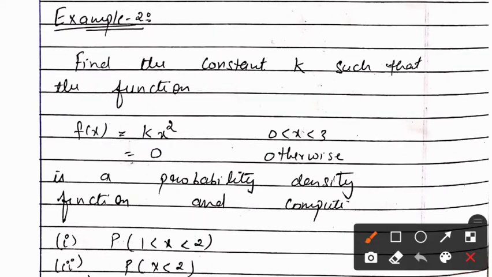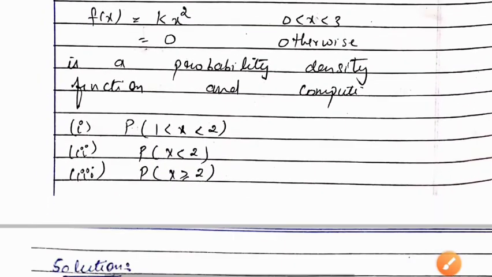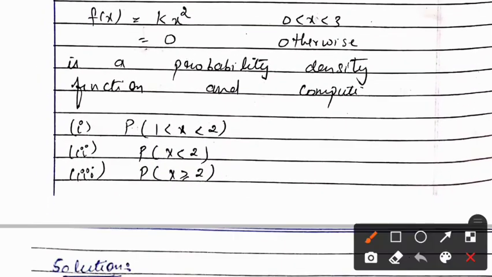Example 2. Find the constant k such that the function f(x) equal to kx square, we are given here kx square for the limit 0 to 3, and beyond this limit the value of f(x) is 0, is a probability density function, and compute these three values: P(1 < x < 2), P(x < 2), and P(x > 2).